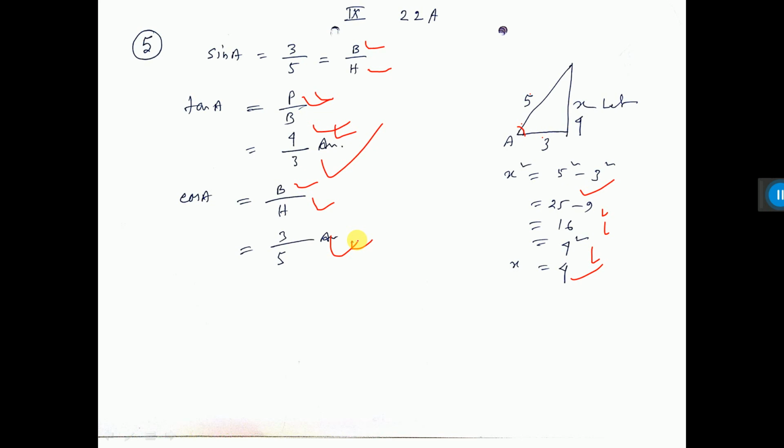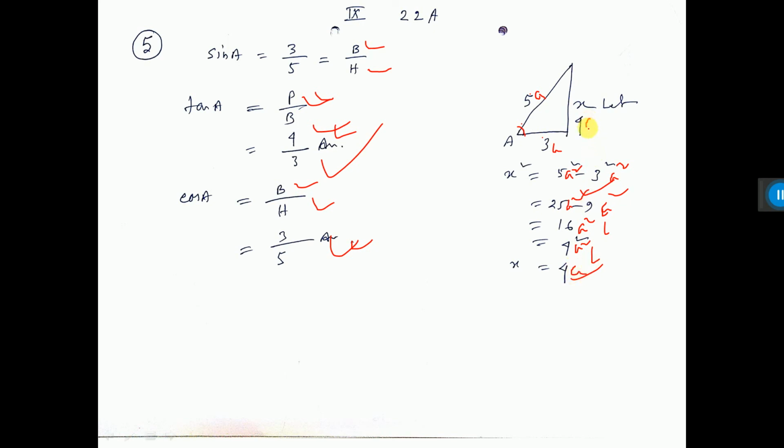Now in this sum, some teachers tell that since sin A is given as 3 by 5, you have to consider one A here, another A here. Let this be 3A, this be 5A. Then A square will come here also, 16A square, 4A square, so it will come 4A.